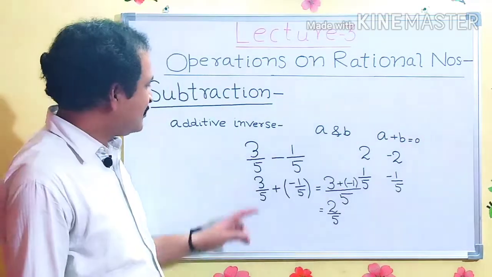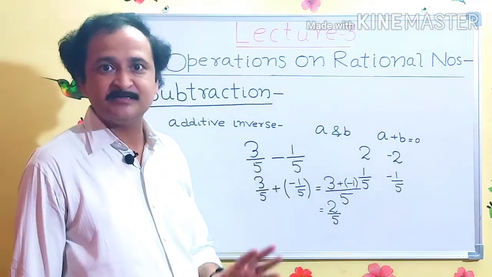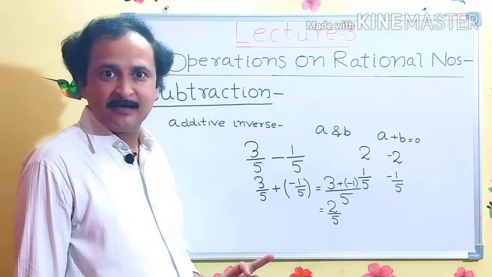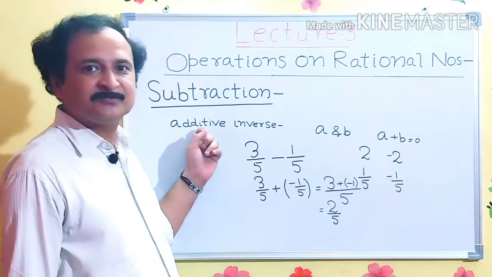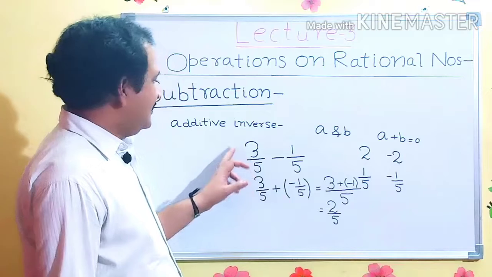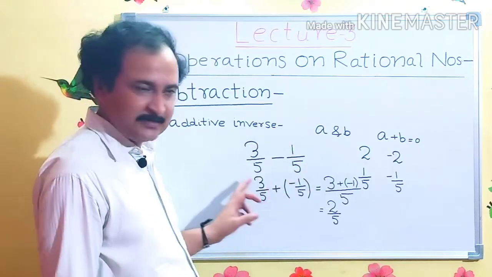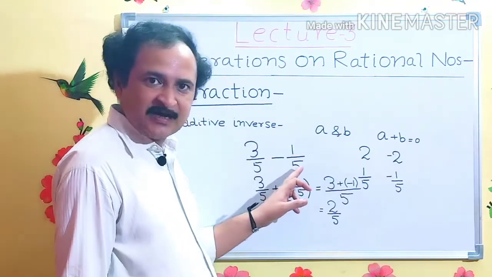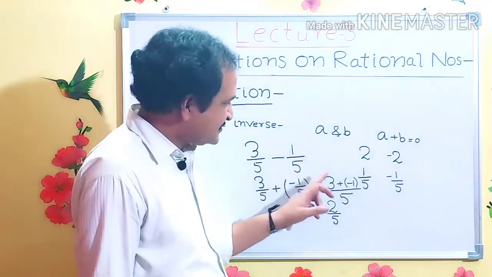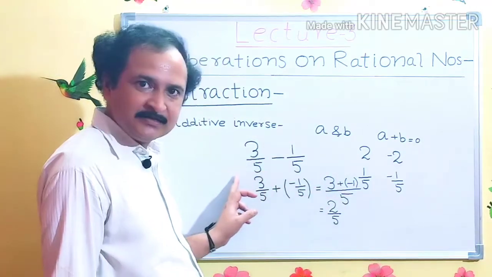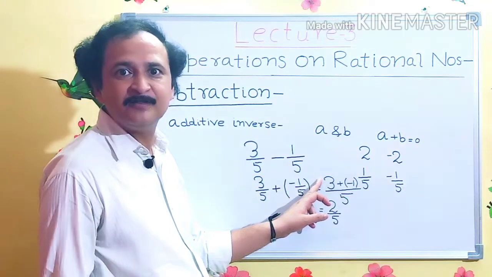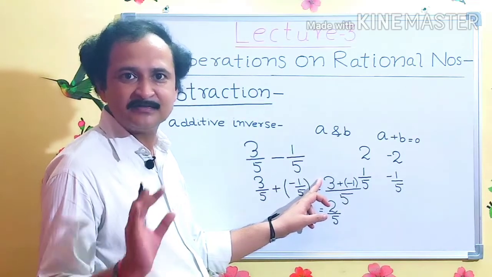This means subtraction of two rational numbers is nothing but the addition of one rational number with the additive inverse of the second rational number. So if we subtract two rational numbers whose denominators are same, then the resultant has the same denominator as the two rational numbers, and the numerator is nothing but the difference of numerators of the two given rational numbers.